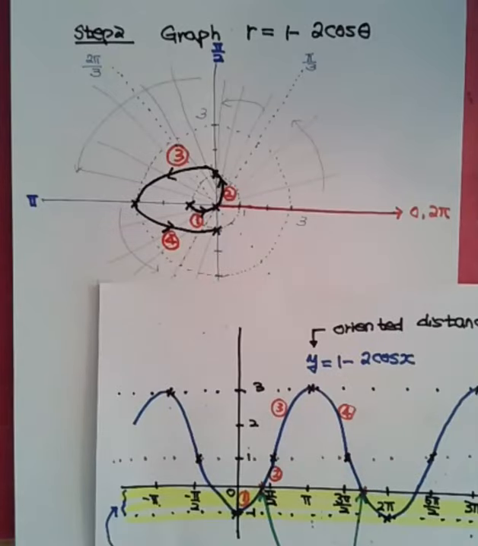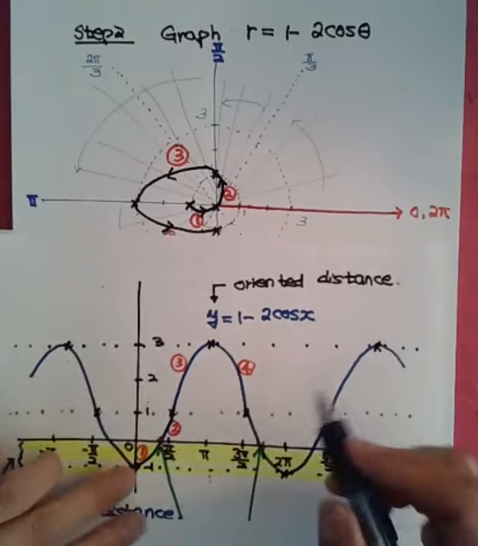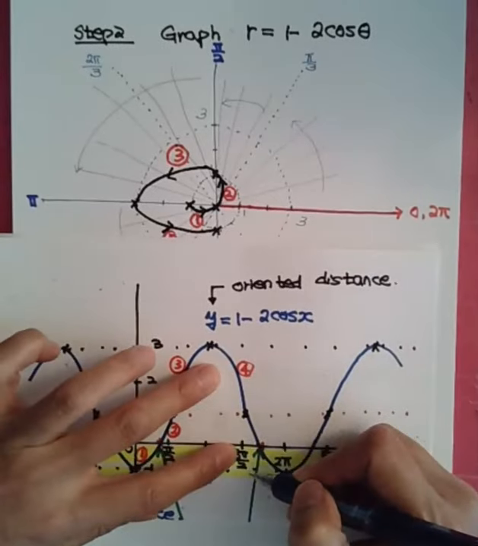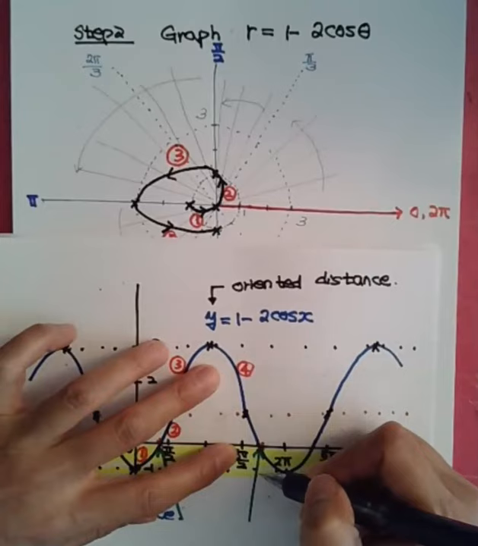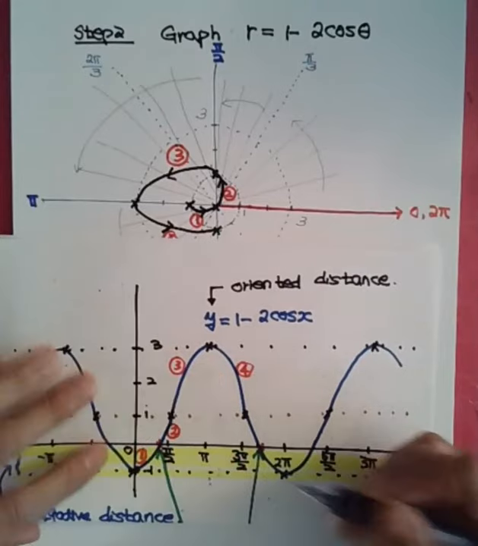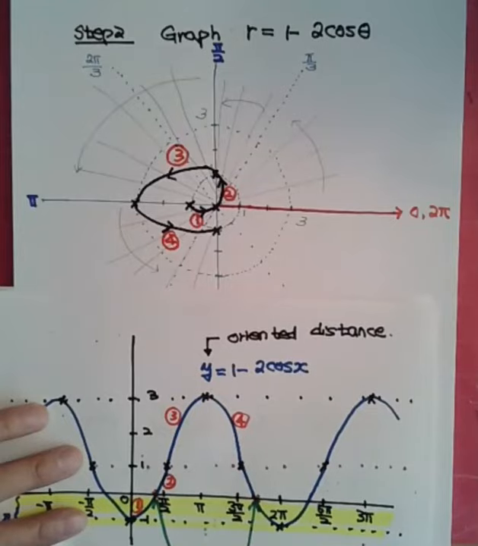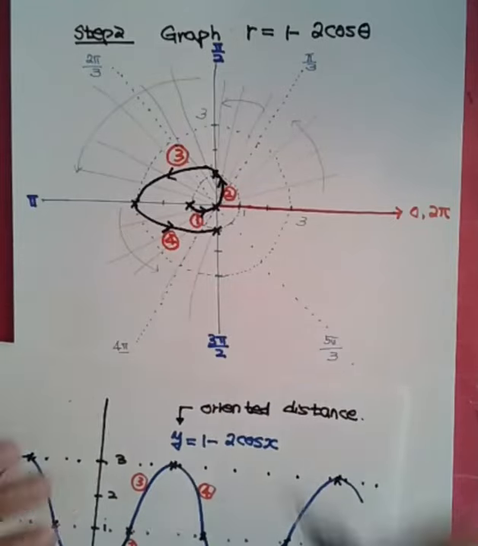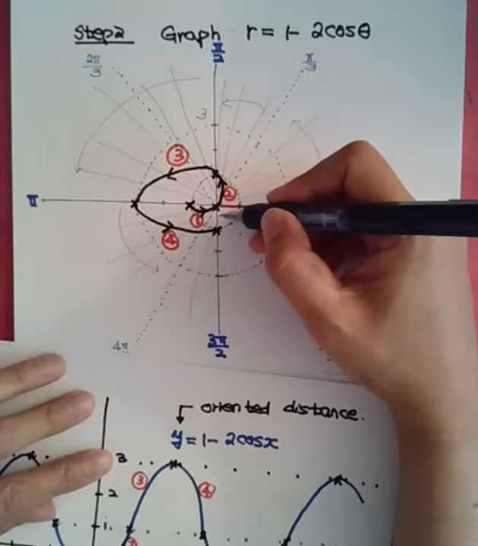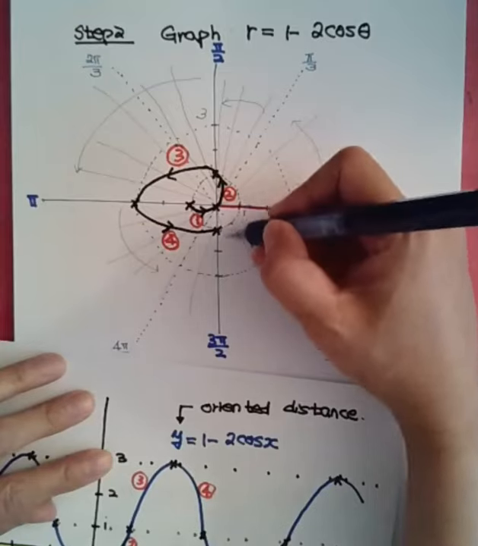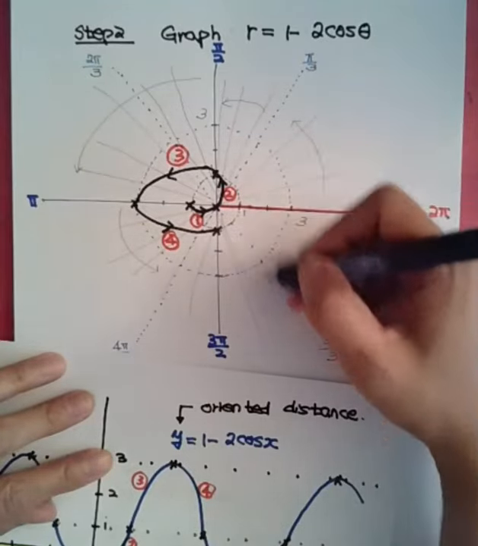Let's consider the region between 3 pi over 2 and 5 pi over 3. Then we are thinking about these angles.